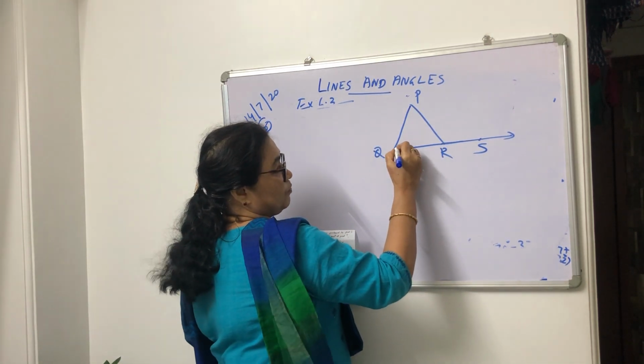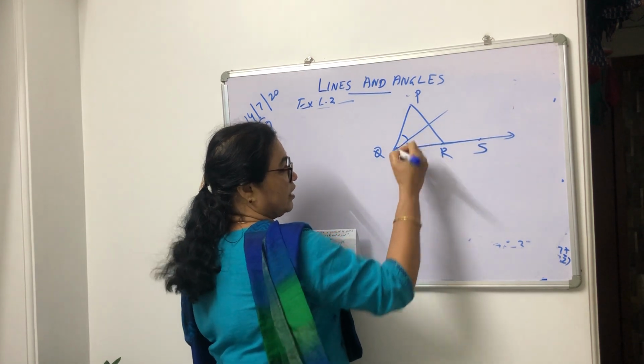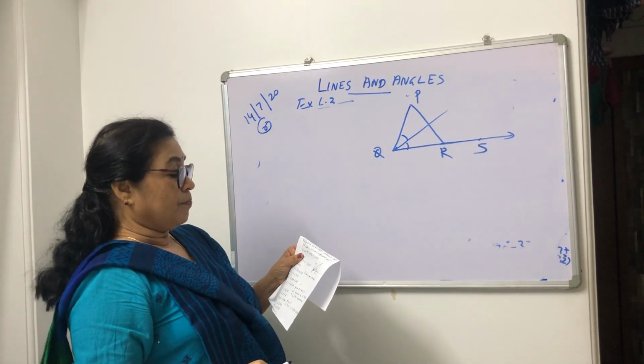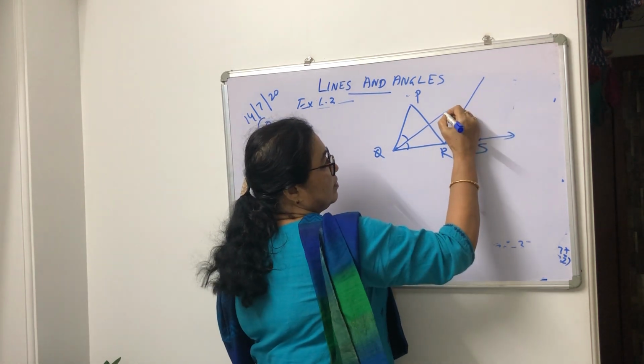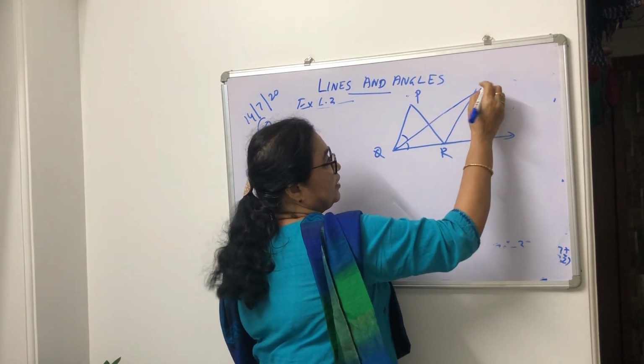This is bisector of PQR. These two angles are equal. And PRS, this angle bisector, both are meeting at O.